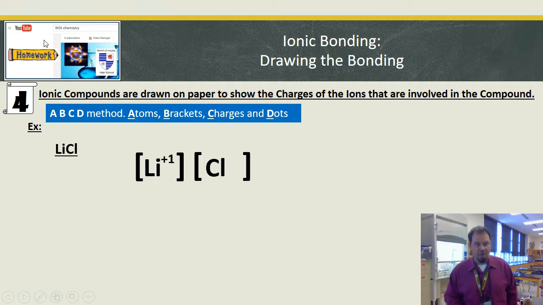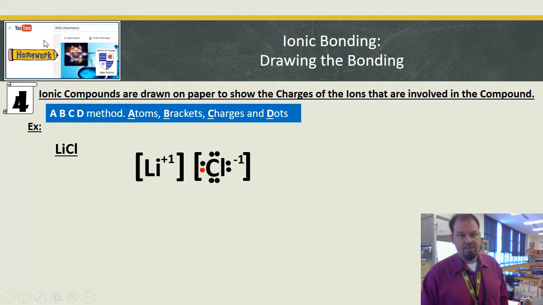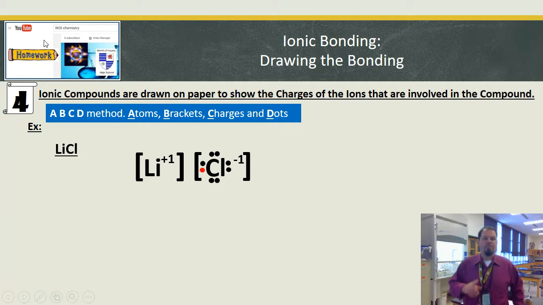And then I put in my charges, +1, -1, and I only did that to go in order, I put the dots in first because that's how I get it. So there we go. I have atoms, brackets, charges, dots. Lithium by itself has 1 dot. Chlorine has 7 dots, and I used red just so you can see that the red dot is the one that came from lithium.